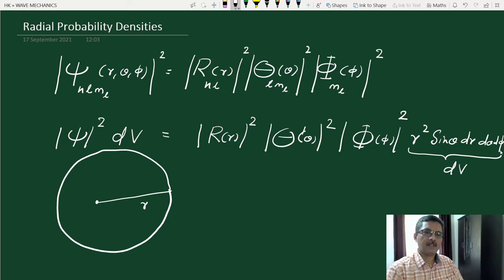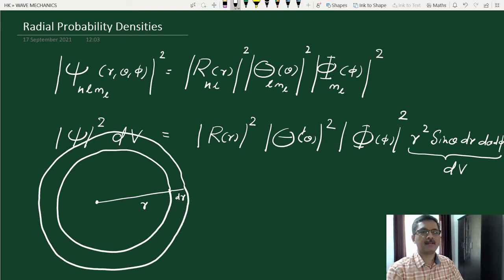Now consider a further distance dr, a further distance of length dr. So let us consider this spherical shell of radius r and thickness dr. Now suppose we want to find out what is the probability of finding the electron in this shaded region.